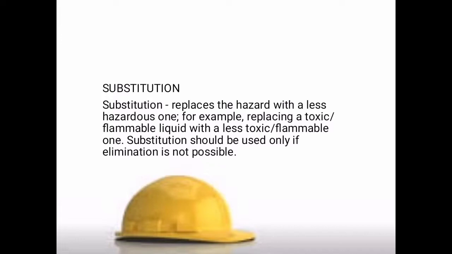Replacing a hazardous process or material with one that is less hazardous will reduce the hazard and hence the risk. For example, it may be reasonably practicable to use extra low voltage electrical equipment such as a battery-operated tool rather than a tool that is plugged into mains electricity.